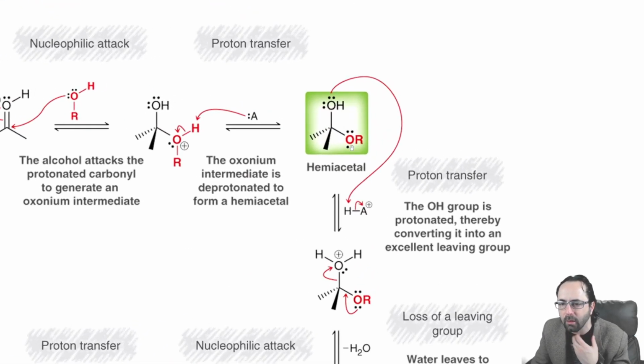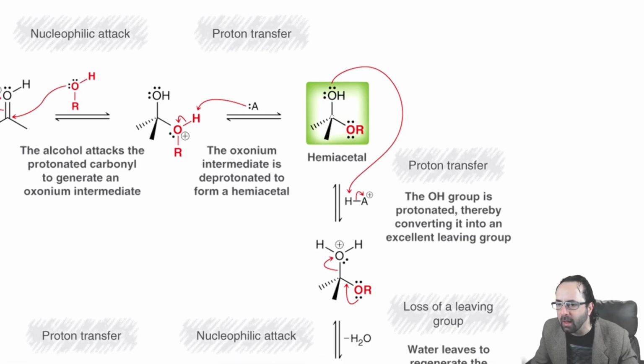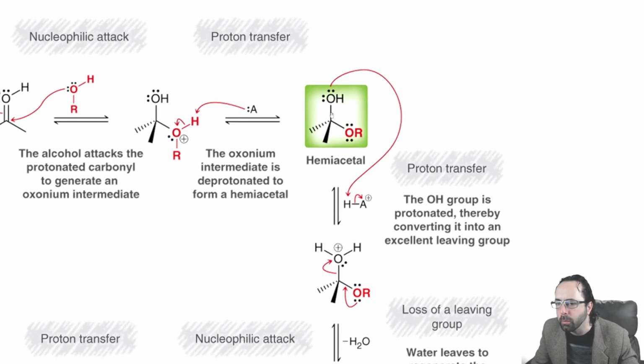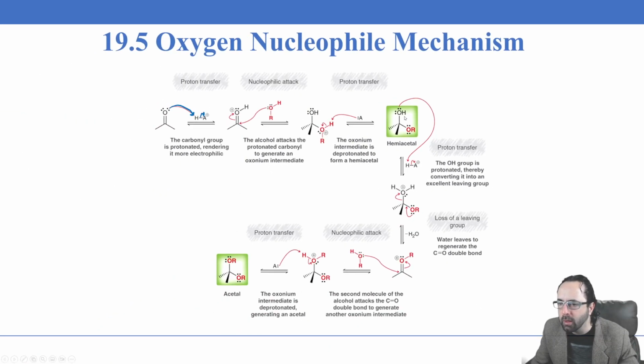The hemiacetal is defined by the fact that you have a carbon that has an alcohol group and also has an ether group attached, both. But this reaction will generally move forward and continue in the acidic environment. So if you have a very strong acid, you'll have an equilibrium where you're protonating this alcohol here.